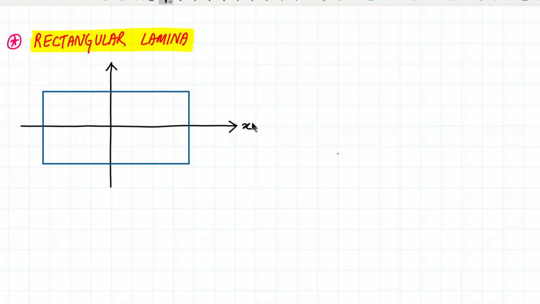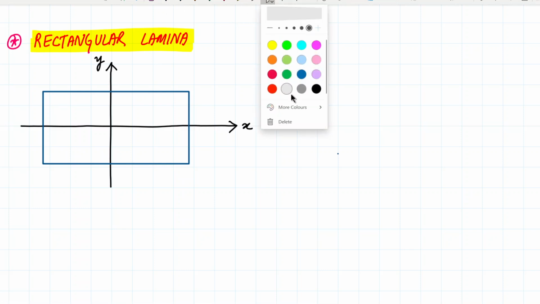Let's suppose this is the x-axis, this is the y-axis. I want to calculate the moment of inertia of this rectangular lamina with respect to various axes. With respect to x-axis क्या है, with respect to y-axis क्या है, with respect to z-axis क्या है. Various different scenarios are possible, so let me define some of these quantities first. So this is the rectangular lamina.